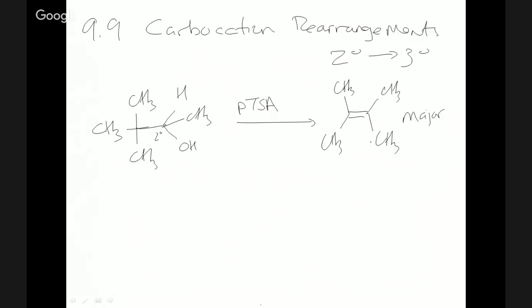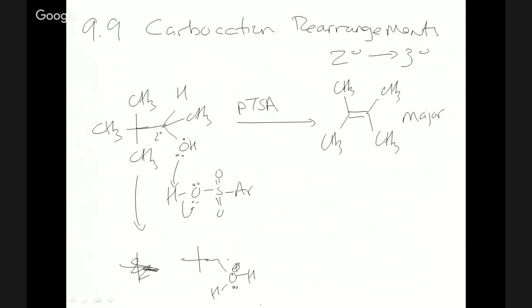All right, so let's walk through this. I'm going to start the mechanism on this one and go to the next. The beginning is the same. We need to protonate. I'm going to abbreviate the aromatic group here. This is going to protonate just like we did before. Proton transfer. And we have our aromatic sulfonate, para-toluenesulfonate.